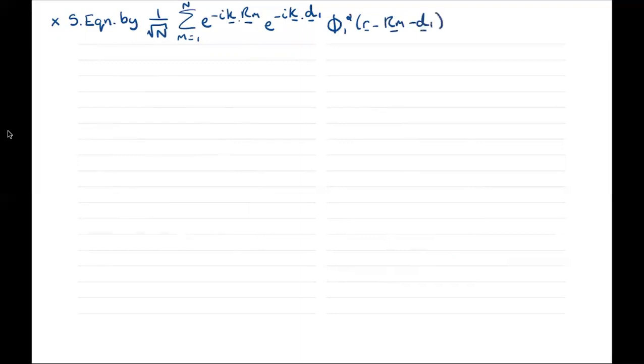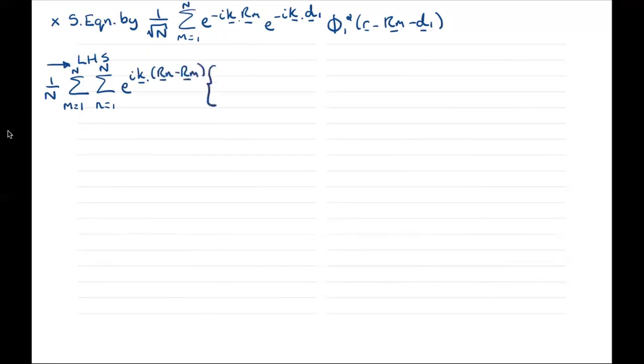And the trickiest thing here is to keep track of all of the terms and not mess up. So this is going to give us then, on the left-hand side, 1 over N, because we had already a root N and now we've got another root N. We're going to have a double sum over m equals 1 to N and n equals 1 to N, e to the i k dot (r sub n minus r sub m).